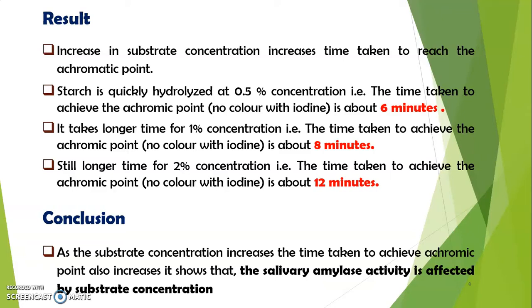Still longer time is taken for the 2% substrate concentration, about 12 minutes. So we can conclude as the substrate concentration increases, the time taken to achieve the achromic point also increases. It shows that the salivary amylase activity is definitely affected by substrate concentration.